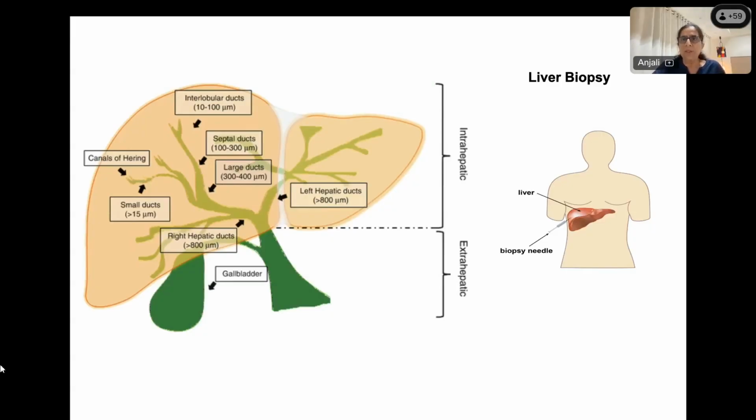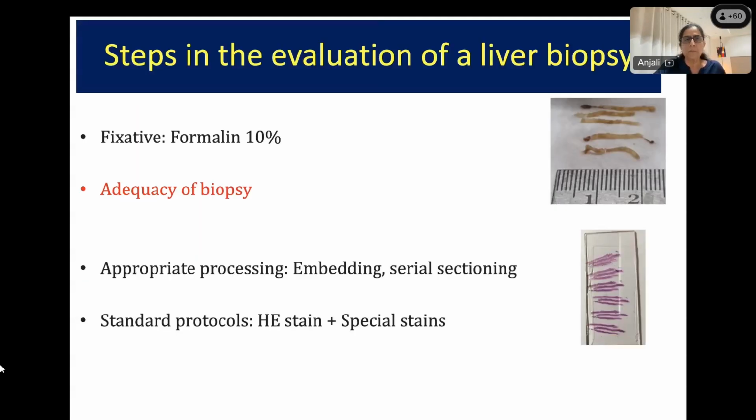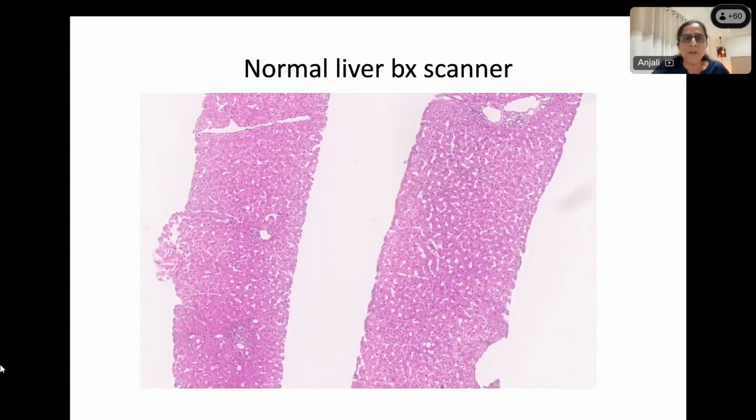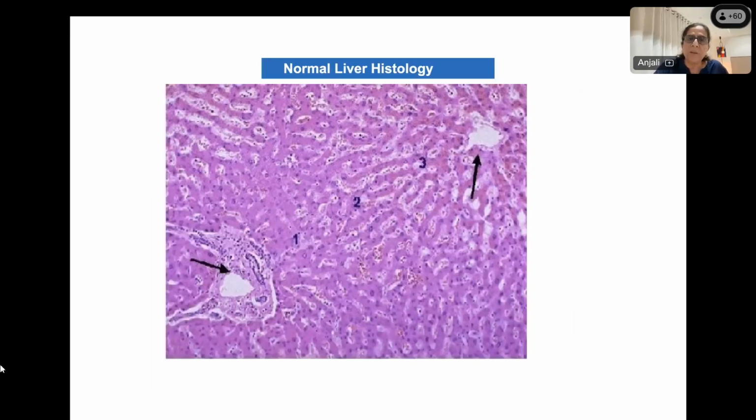Now we'll go to the next slide. Now this is normal liver histology, a normal liver biopsy, which you can see over here, with a portal area and a nice linear core. You can see hepatocytes, then the hepatic venule and the portal areas, and this is a higher magnification showing the portal area. Normally in liver histology, the liver is divided into 3 zones.